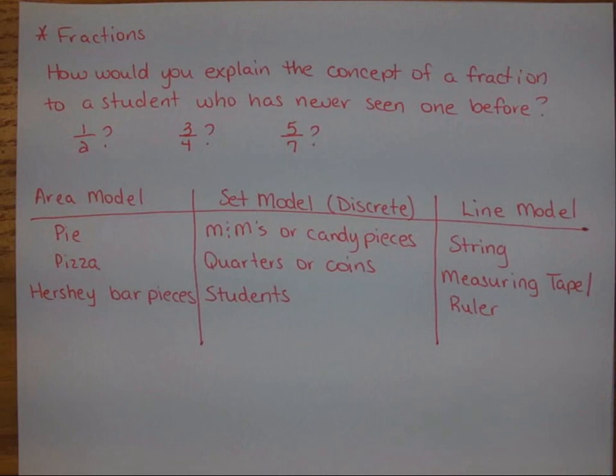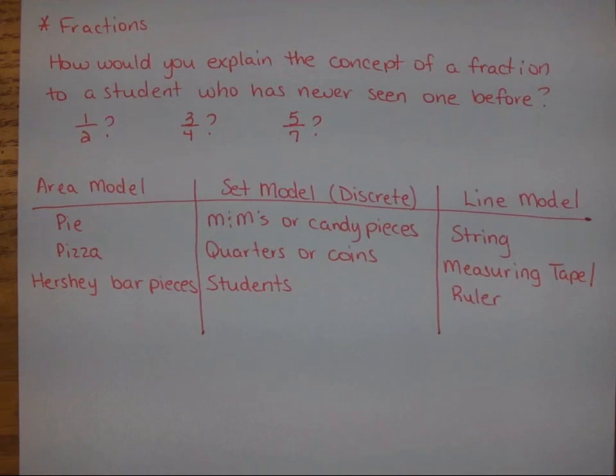You probably wouldn't use measuring tape or ruler unless they understood the concept of measurement first. So most of the things that we could think of could fall into these three areas. So we're going to talk about, throughout the lessons this week, different ways we can discuss fractions, different ways we can relate these concepts to students.